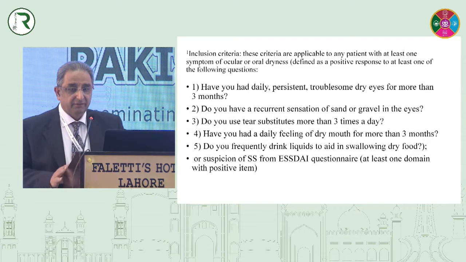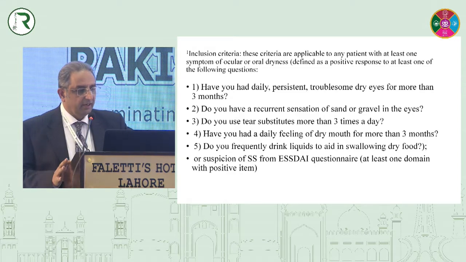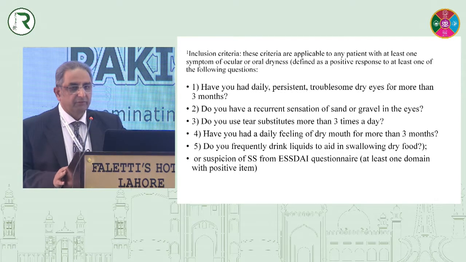Although these are classification criteria, by and large, as happens in the real world, we use them a lot. They help us in making a diagnosis as well, although they are not diagnostic criteria. The inclusion criteria are applicable to any patient with at least one of the following ocular or oral symptoms, defined as a positive response to at least one of these questions. Have you had daily persistent dry eyes for more than 3 months?